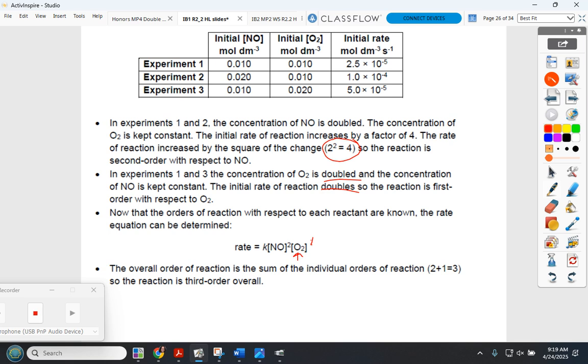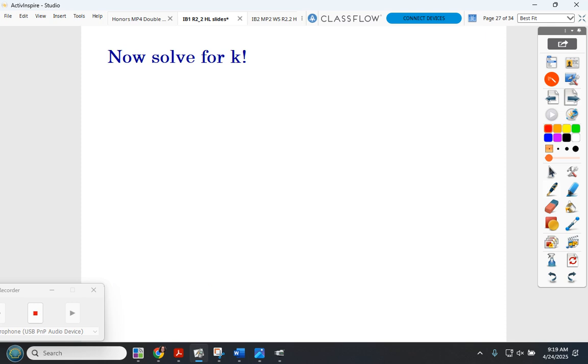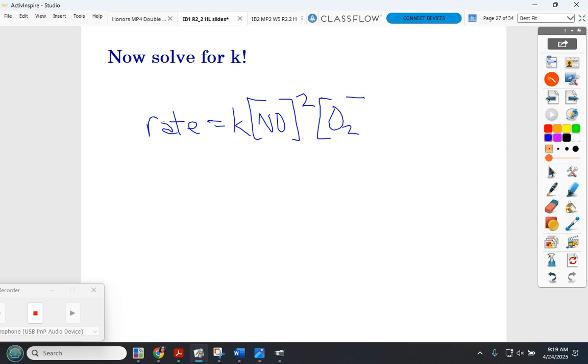So we've got 0.01, 0.01, 2.5 times 10 to the negative fifth. So we know our rate; I'm just going to rewrite the equation. Now I'm going to pick experiment 1.